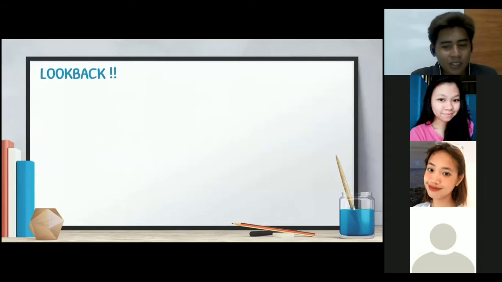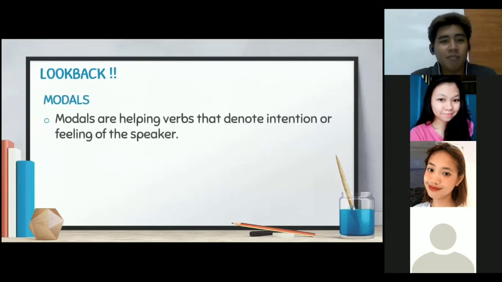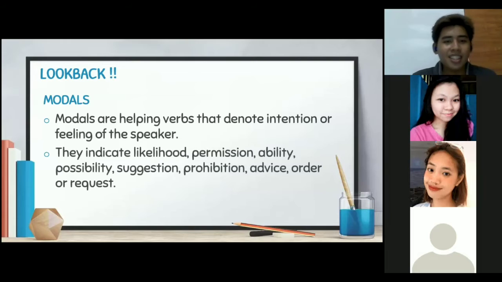Now, let's take a look back at what we had discussed last time. We all know that modals are helping verbs that denote the intention or feeling of the speaker. So modals indicate likelihood, permission, ability, possibility, suggestion, prohibition, advice, order, or request.